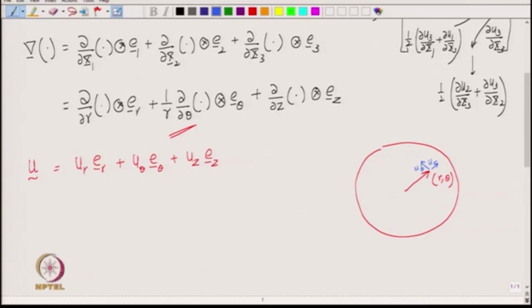So, we are simply decomposing the total displacement along the cylindrical basis E r, E theta, E z, and we get u r, u theta, u z as the components.